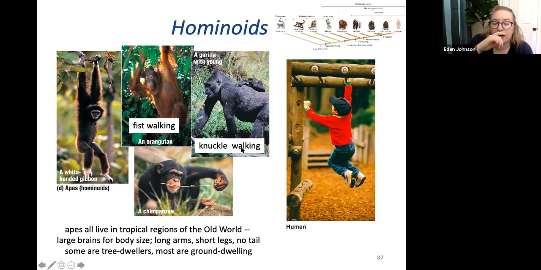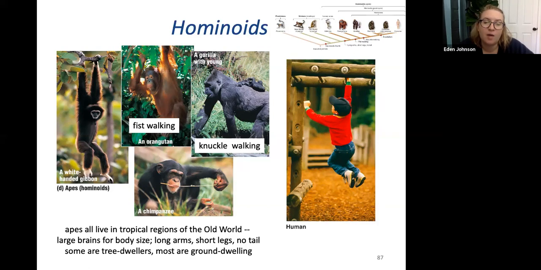That might seem minor, but it's just like when we were talking about Carolus Linnaeus and minute details of structures.